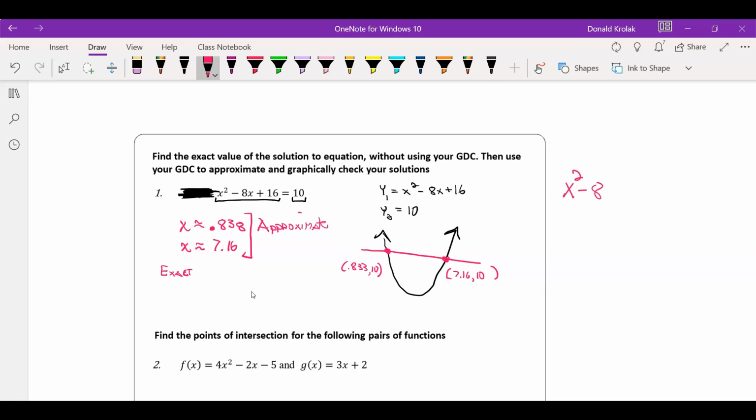I'm going to move the 10 over. Now, if you try to factor this, can you think of two numbers that multiply together to be 6 and add together to be -8?